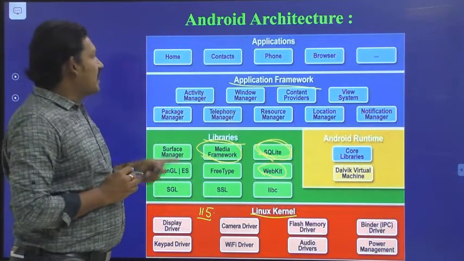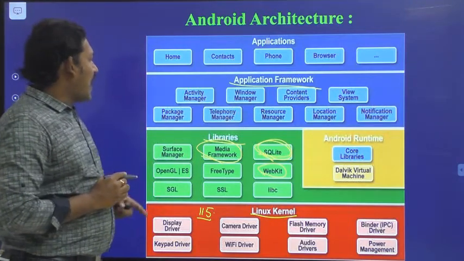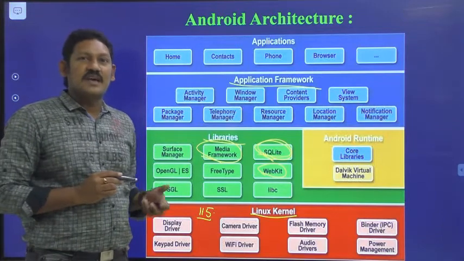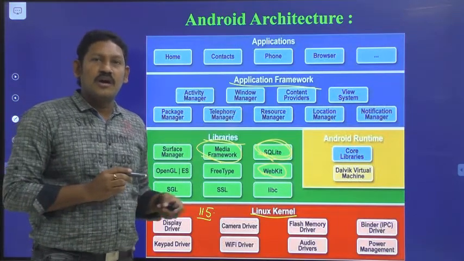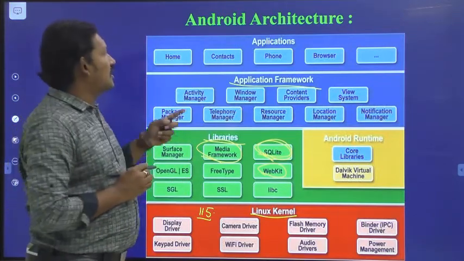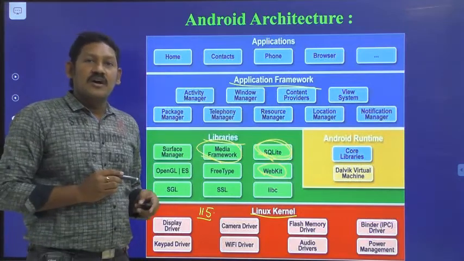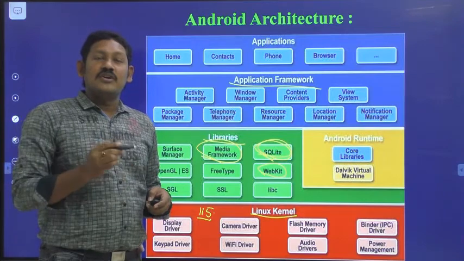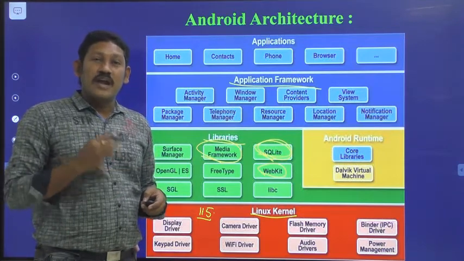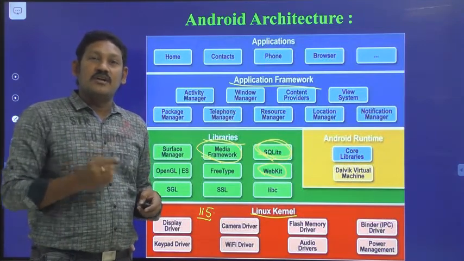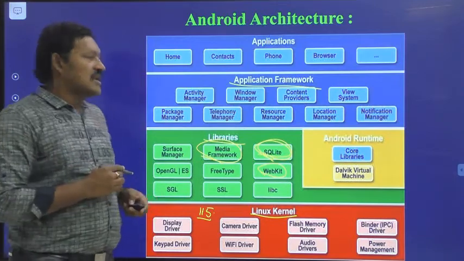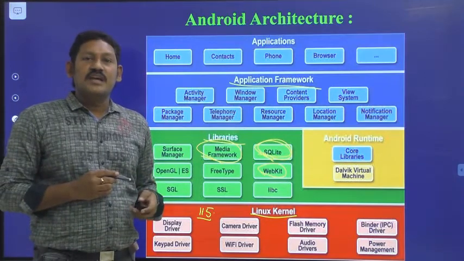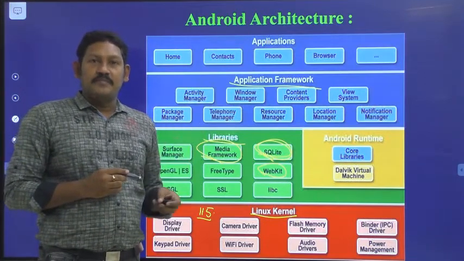Android.app, Android.content, Android.database, Android.opengl, Android.os, Android.text, Android.view, Android.widget, Android.webkit, etc. These are all different examples.